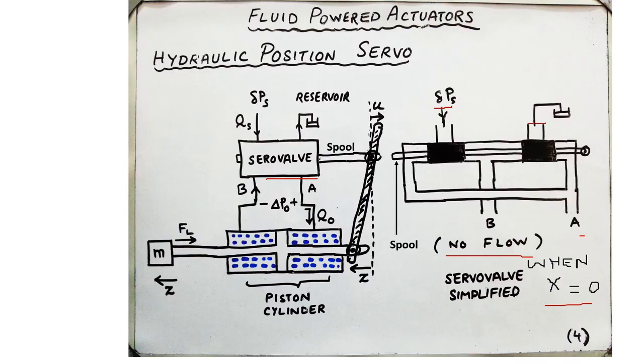Therefore, there is no fluid that can flow from this side over here, or it maps to the point over here, over to this side A. That is, there is no fluid that can possibly enter the piston cylinder, and likewise there is no fluid that can possibly leave the cylinder and go back to the reservoir. So the flow is completely blocked, and that's not possible.